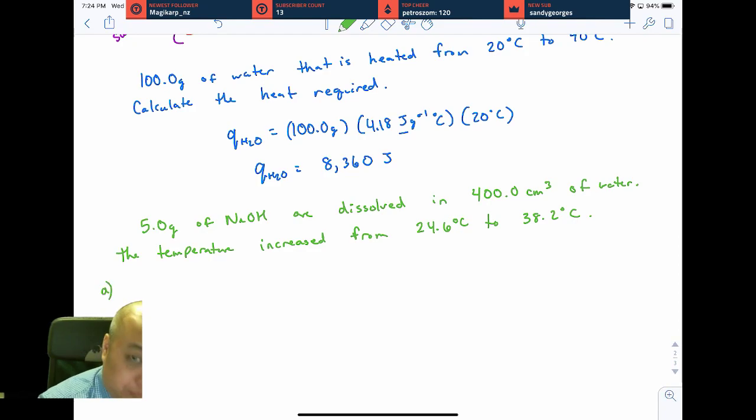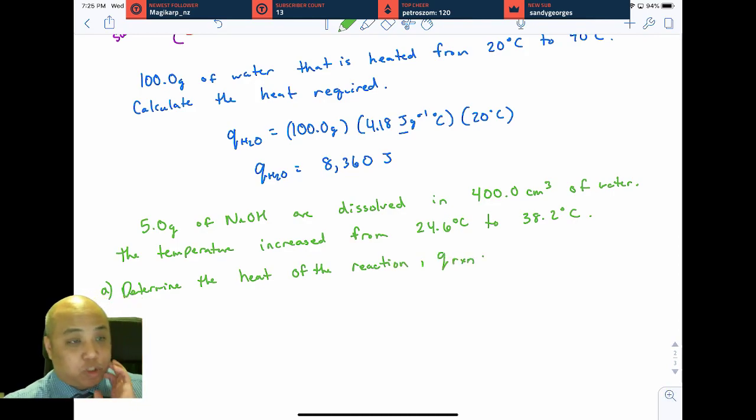Okay, A. Determine the heat of the reaction, which is Q of the reaction, RxN for short.